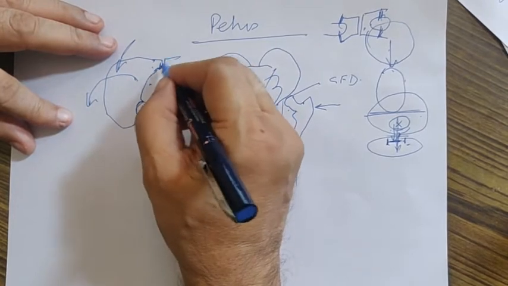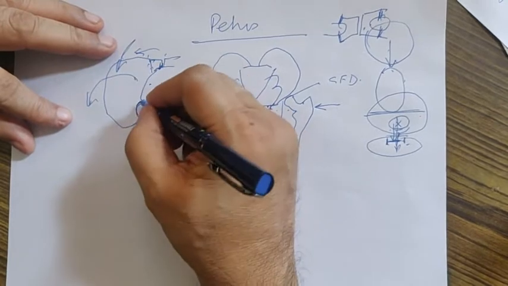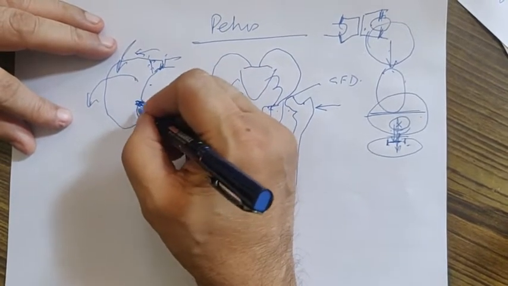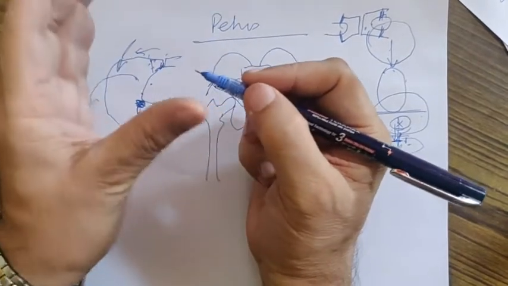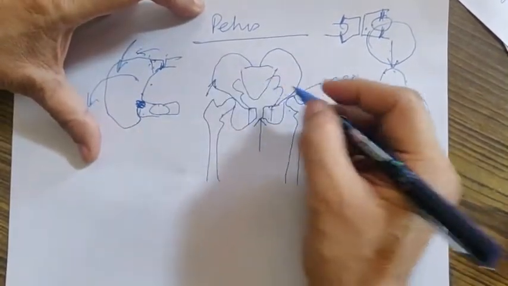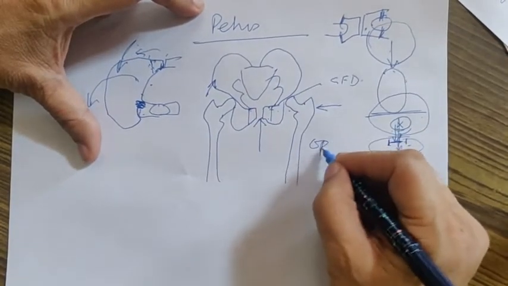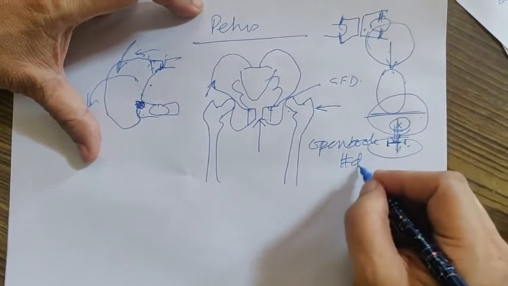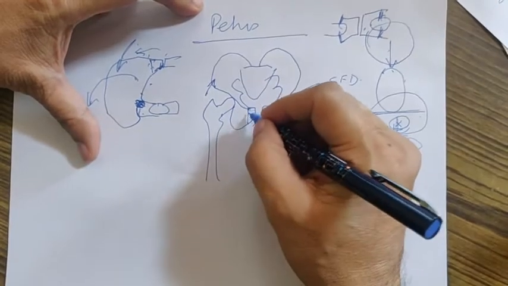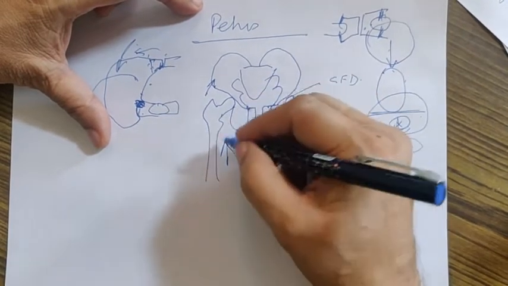So there will be a diastasis of the pubic symphysis. This will move this way, and there will be a subluxation of the sacroiliac joint. So this thing will move like this. So this type of fracture dislocation by pressure on the anterior superior iliac spine is called an open book fracture dislocation.